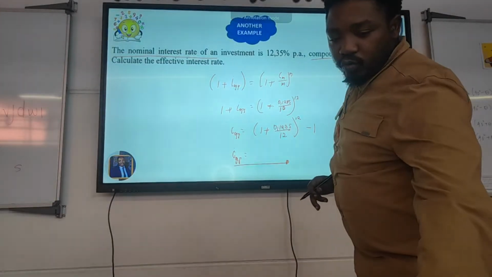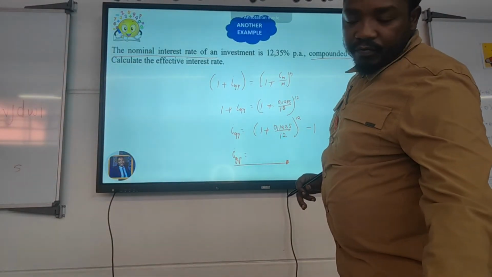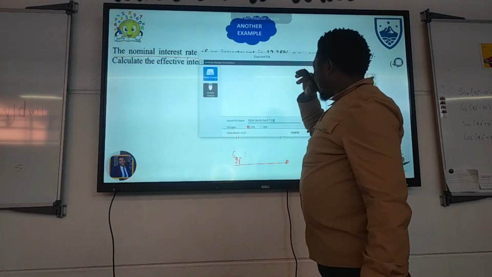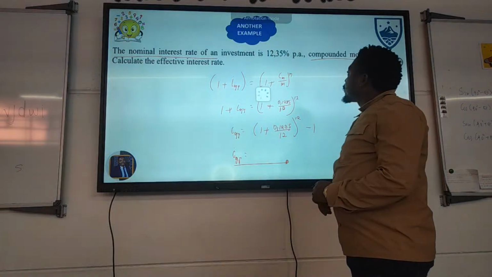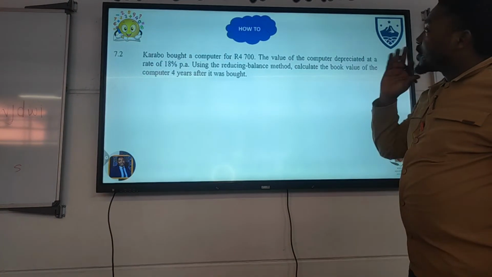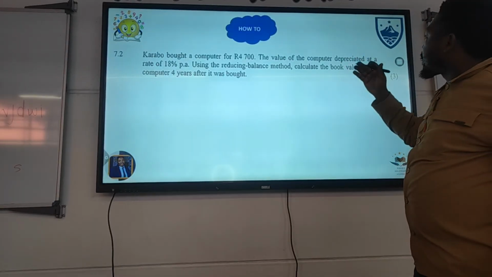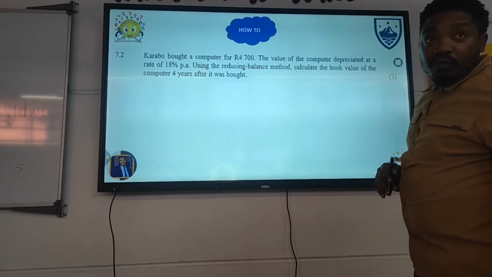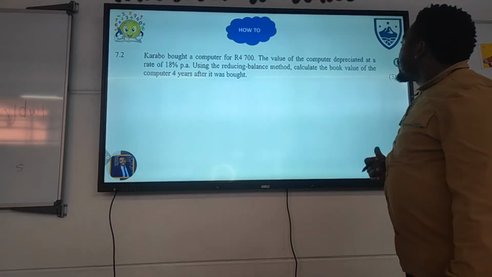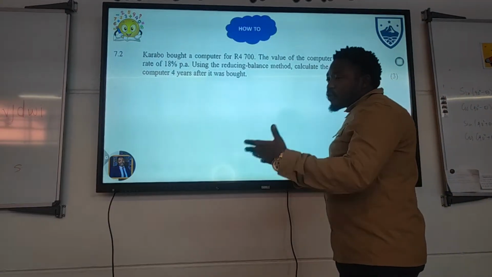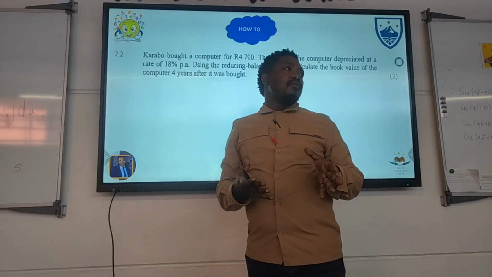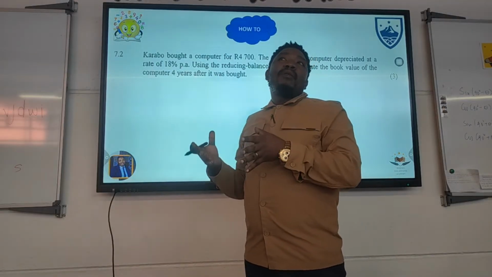Let's now take a look at a question of this kind, where we call them the book values, where we'll be using the reduction balance method, because the amount that we had will be bigger than the amount we're going to have currently.